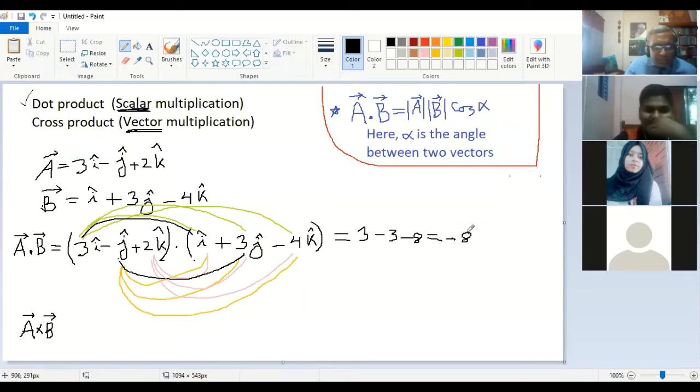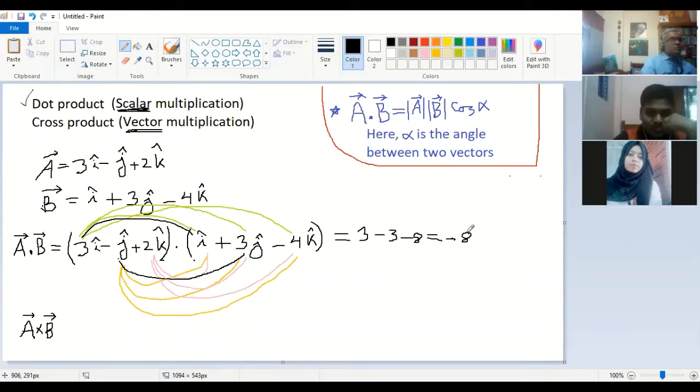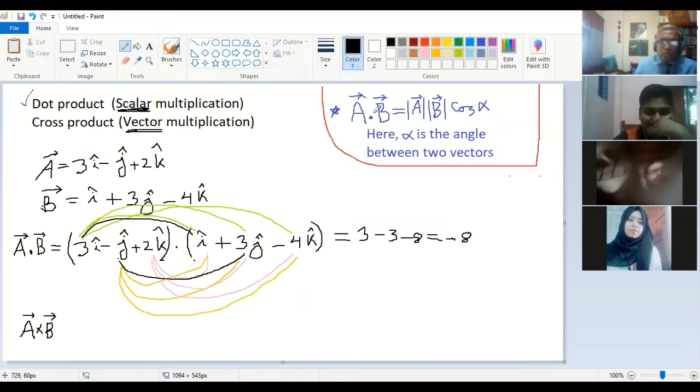Okay, so this is A dot B. Now let me go back to the formula with this one, the blue color formula. So what is that formula? If I now put the values for A dot B, let me write it down.